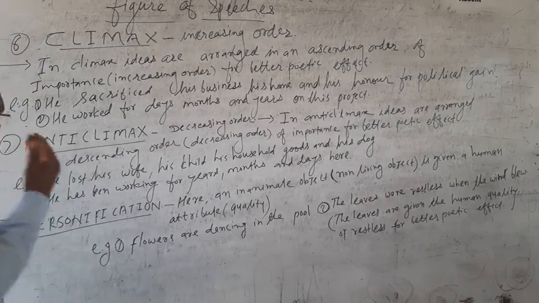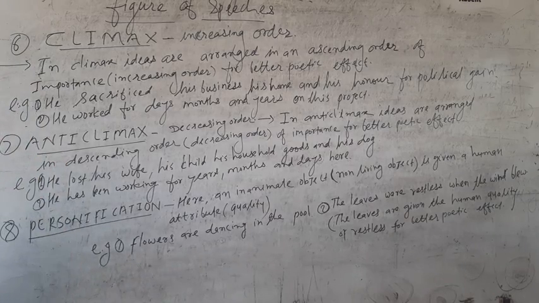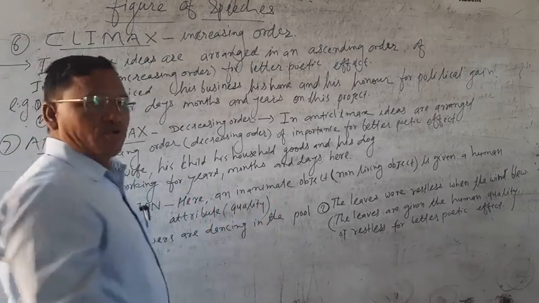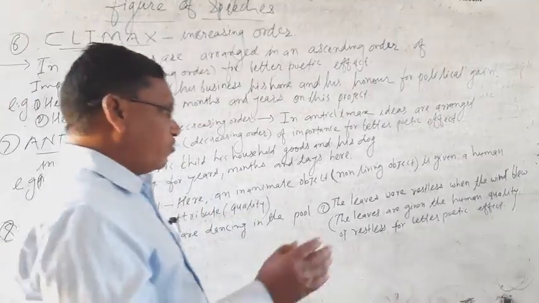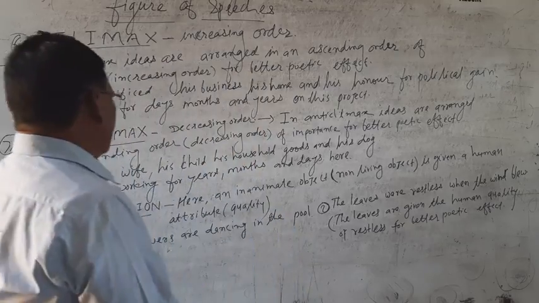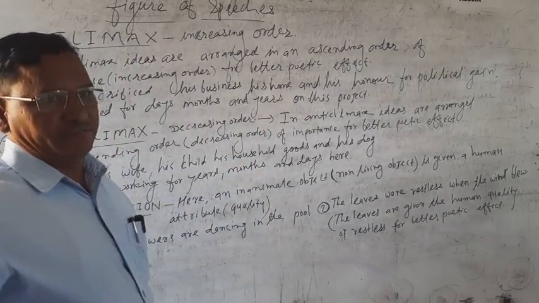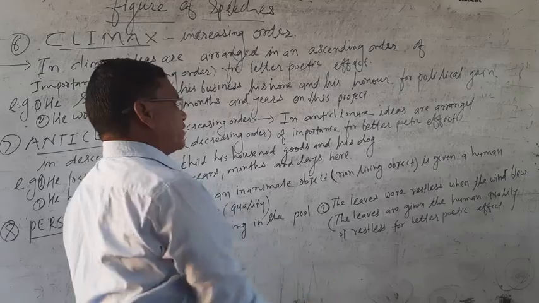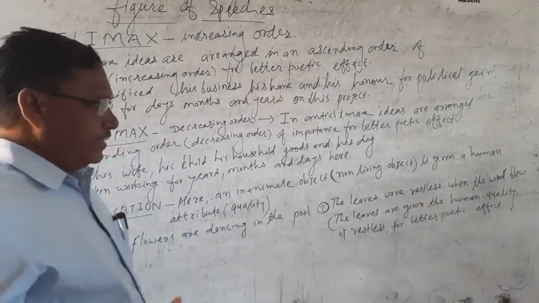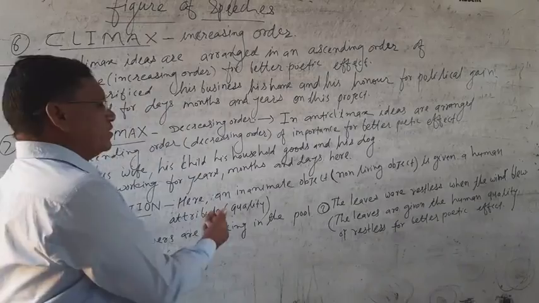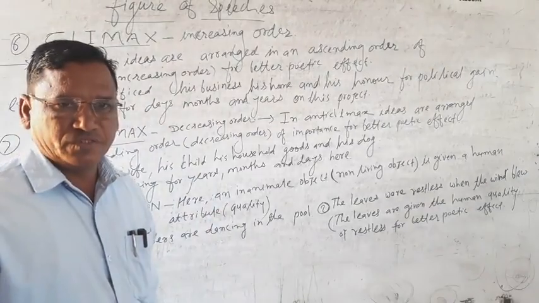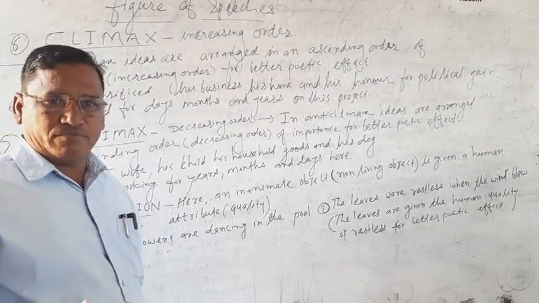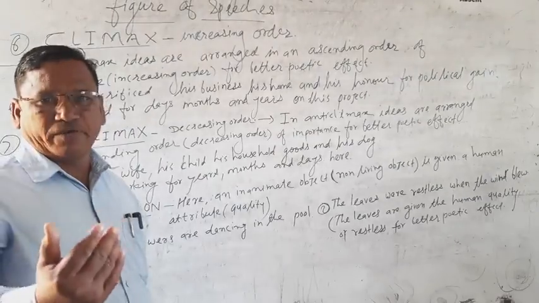What is personification? In personification, an inanimate object, meaning a non-living thing, is given a human attribute, a human quality. Suppose death is given a human quality in a poem, that is personification.